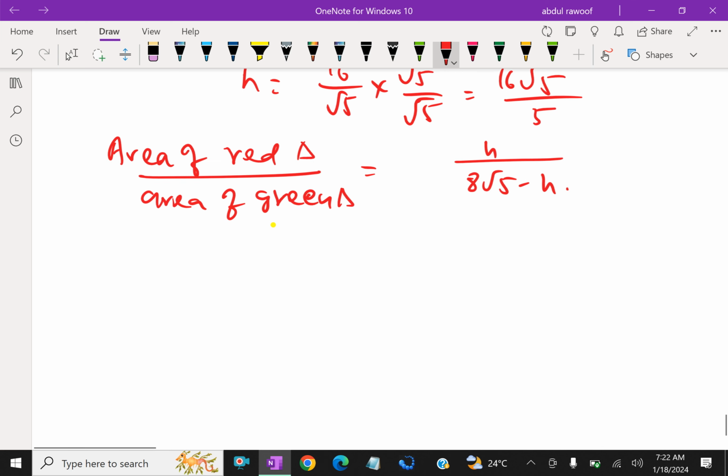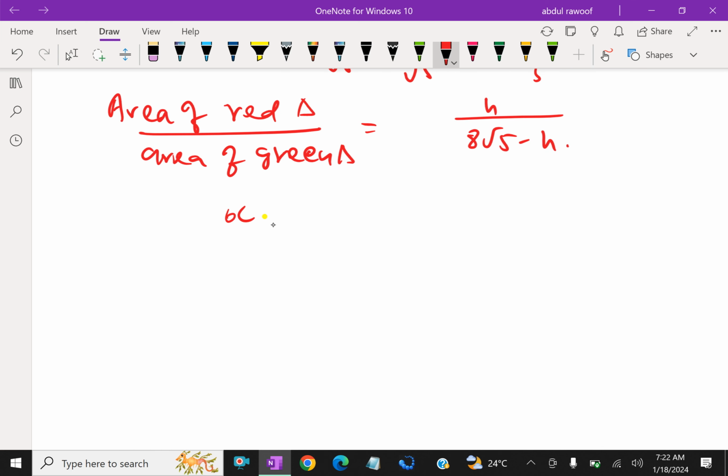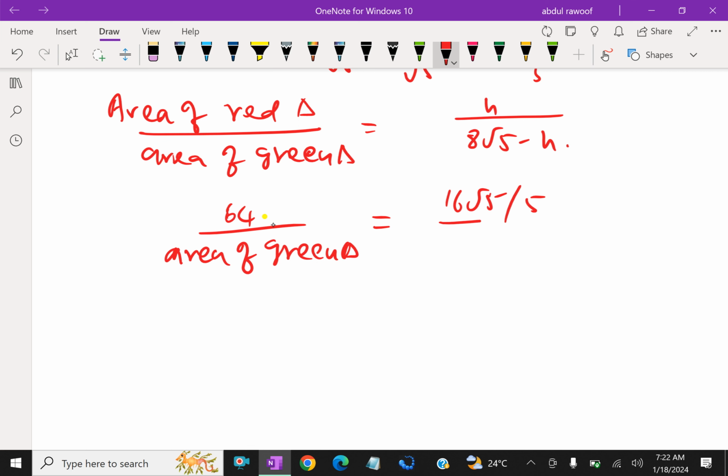Now we put in the values: 64 over the area of the green triangle equals h, which is 16 root 5 over 5, over 8 root 5 minus h.